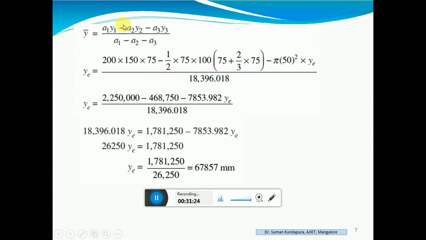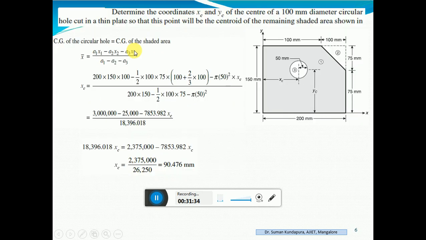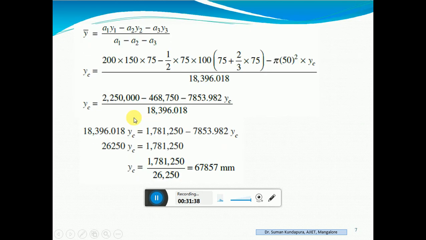Likewise, move on to calculate the y distances. For y distances, a1 y1 minus a2 y2 minus a3 y3. This area remains same like what you have calculated here, 18,396. So no need of worrying about the area part. The only thing what will change here is y1, y2 and y3 distances.